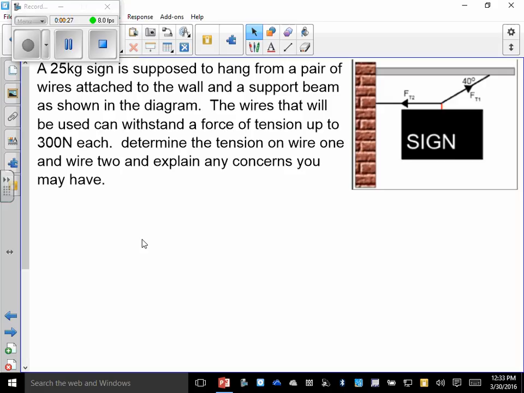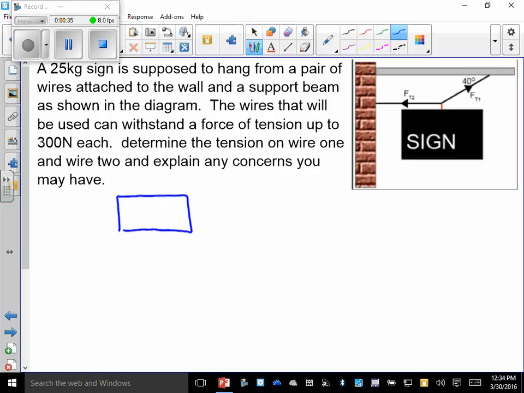Okay, so let's start with the free body diagram of this sign. We have the sign. Okay, we have the force of tension from wire 2, and we have the force of tension from wire 1.